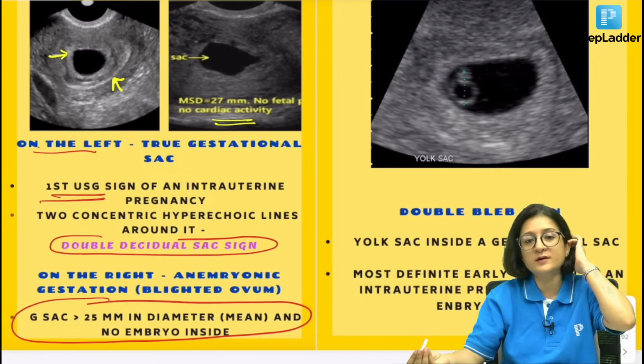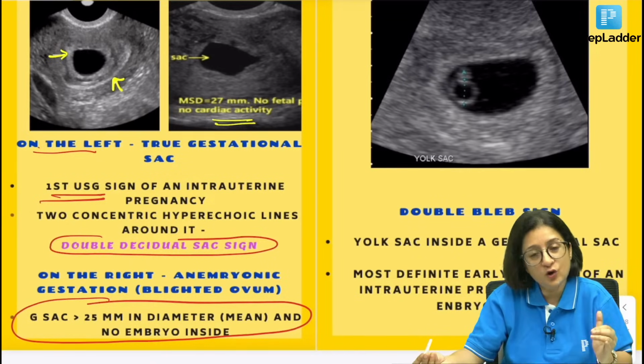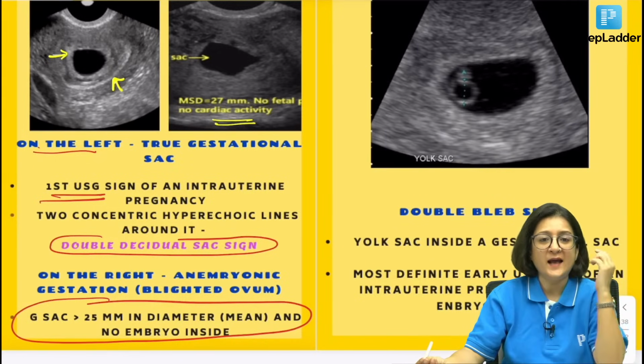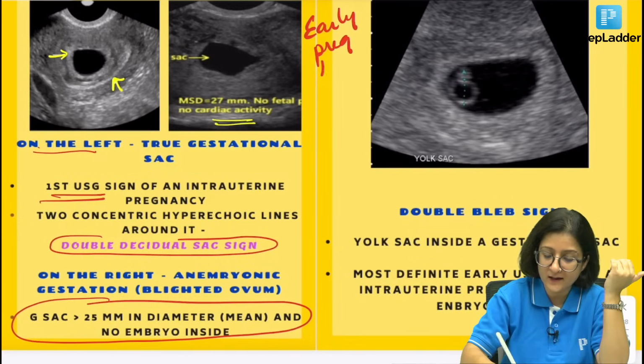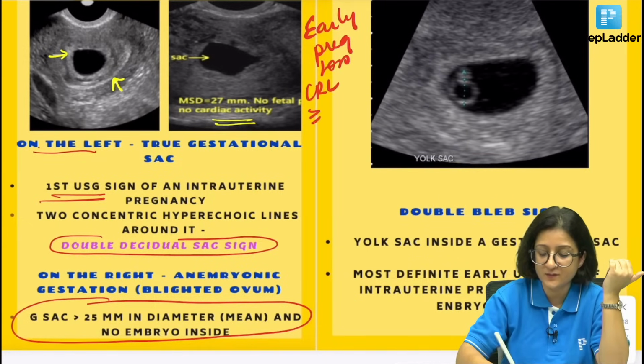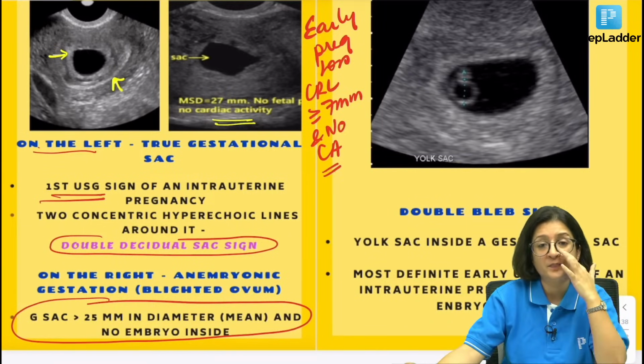Okay, ultrasound diagnosed early pregnancy loss. Another way to diagnose early pregnancy loss is when CRL is more than or equal to 7 mm and yet there is no cardiac activity.